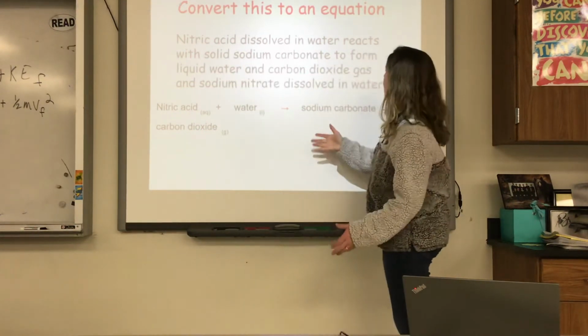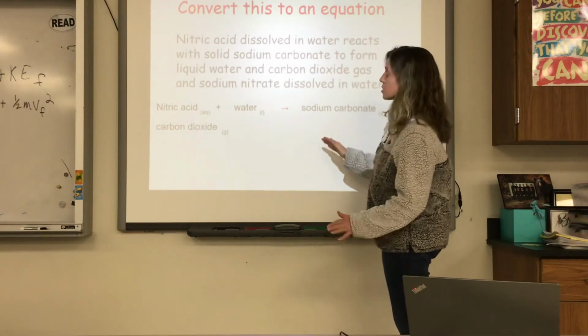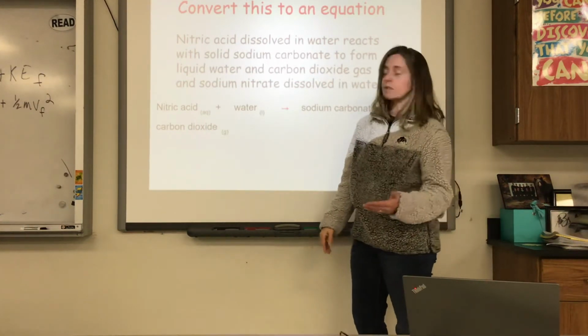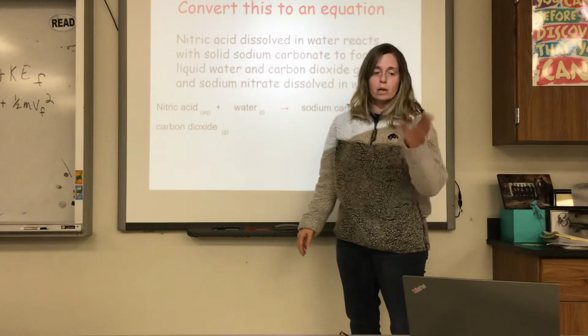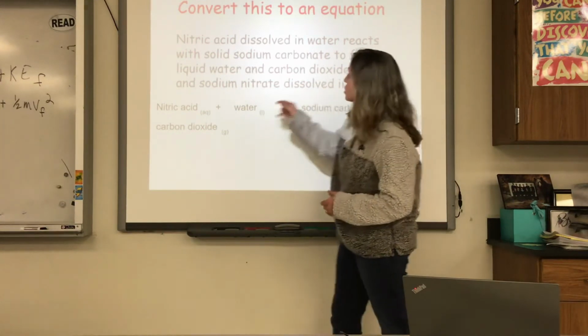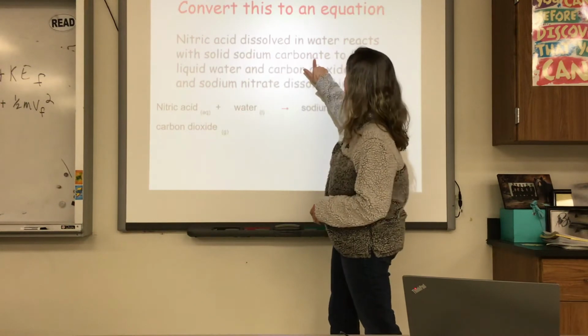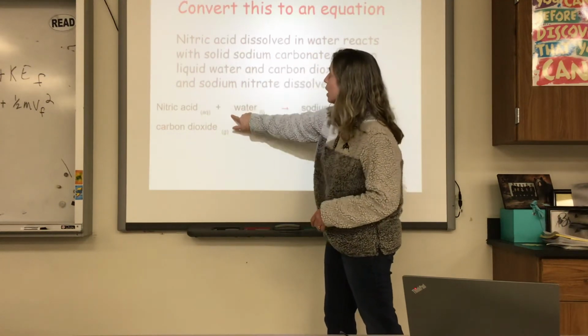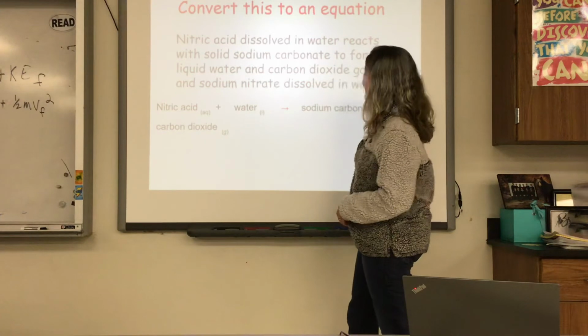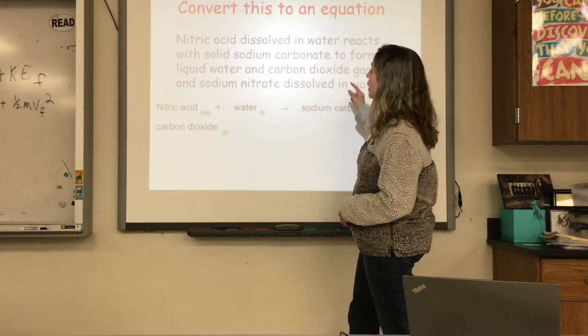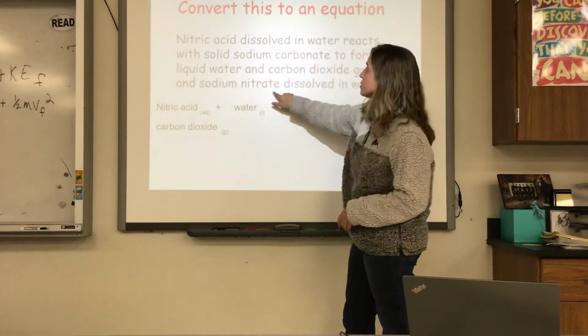And somehow I missed this, so I'm actually probably going to have to rewrite this for you on the board in a minute. So it actually should have been nitric acid plus sodium carbonate, okay, plus water and carbon dioxide and sodium nitrate.